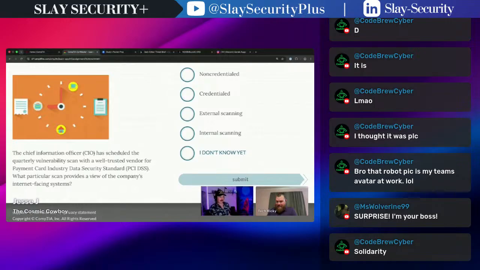Let's see. The Chief Information Officer, or CIO, is scheduled for a quarterly vulnerability scan with a well-trusted vendor for the Payment Card Industry Data Security Standard, PCI-DSS. Whew, it's a mouthful. What particular scan provides a view of the company's internet-facing systems? That's an external scan. Yep.